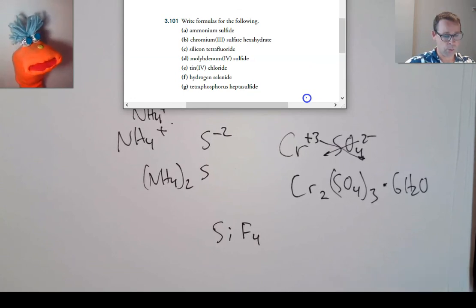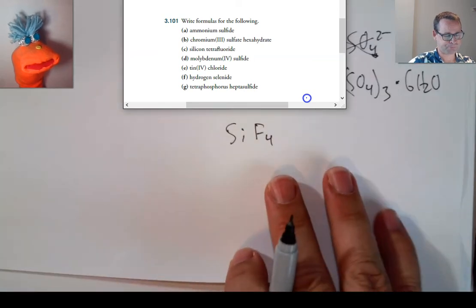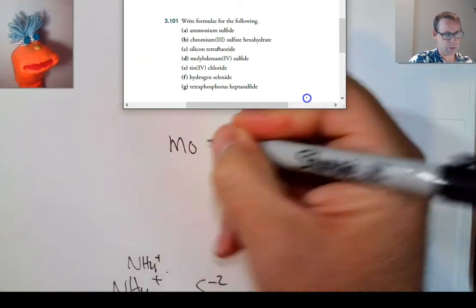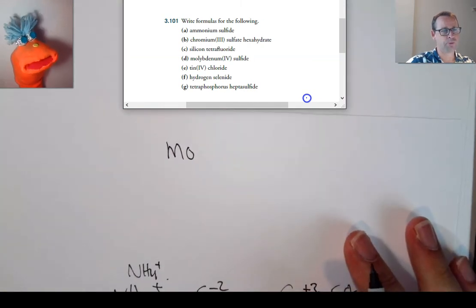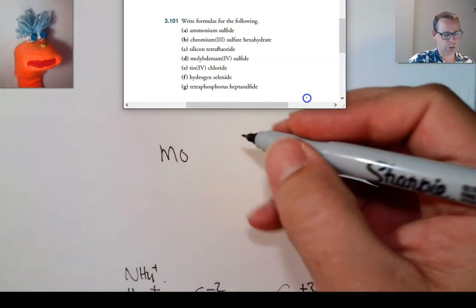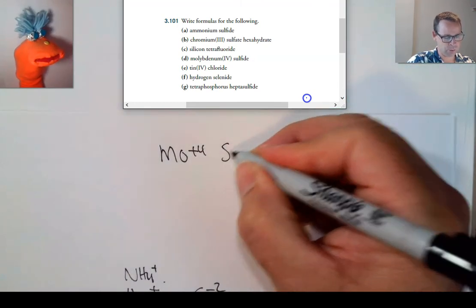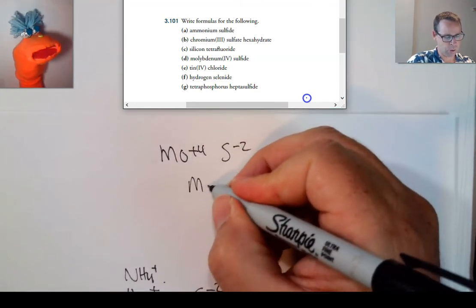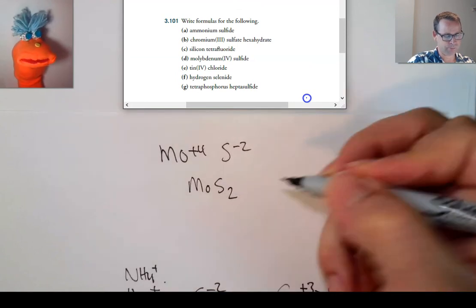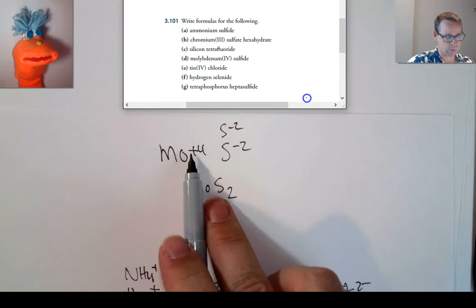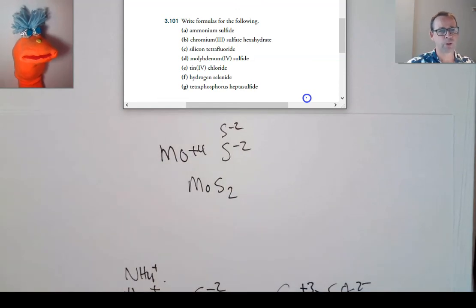Okay, so Mo. The 4 means that Mo has a +4 charge, right? Very good. And the sulfide always forms a -2. So that's MoS2. Very good. Because I need 2 of these -2 charges for every molybdenum 4.